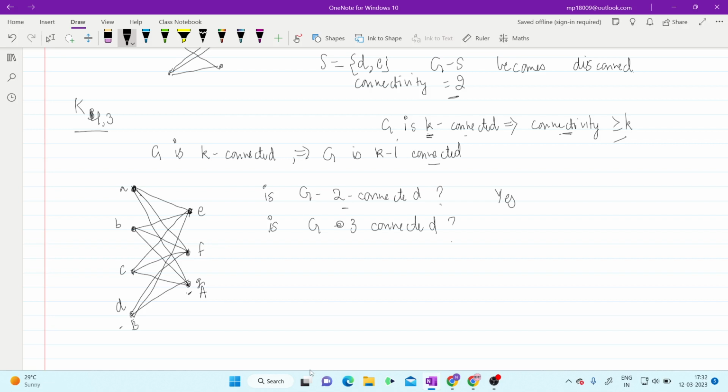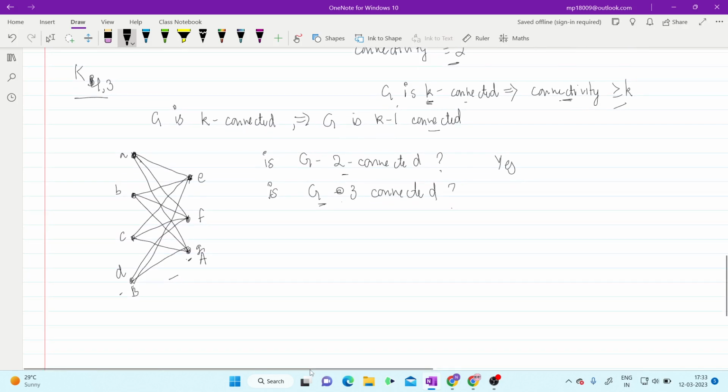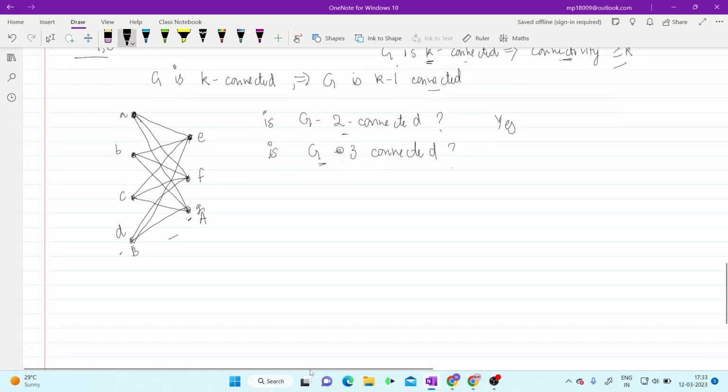So whatever remaining vertices we have, all of those vertices will be lying in the same component if we are removing just two vertices. So why is G 3-connected?